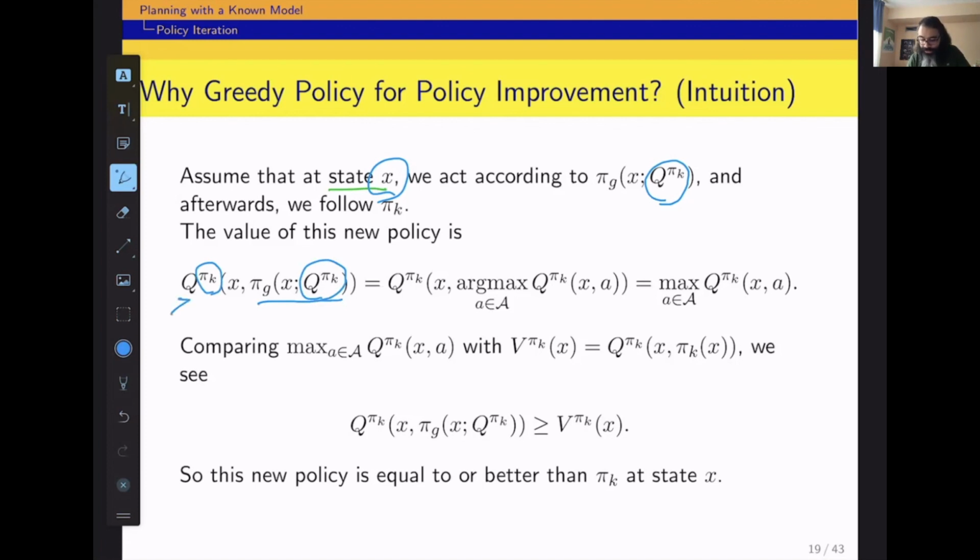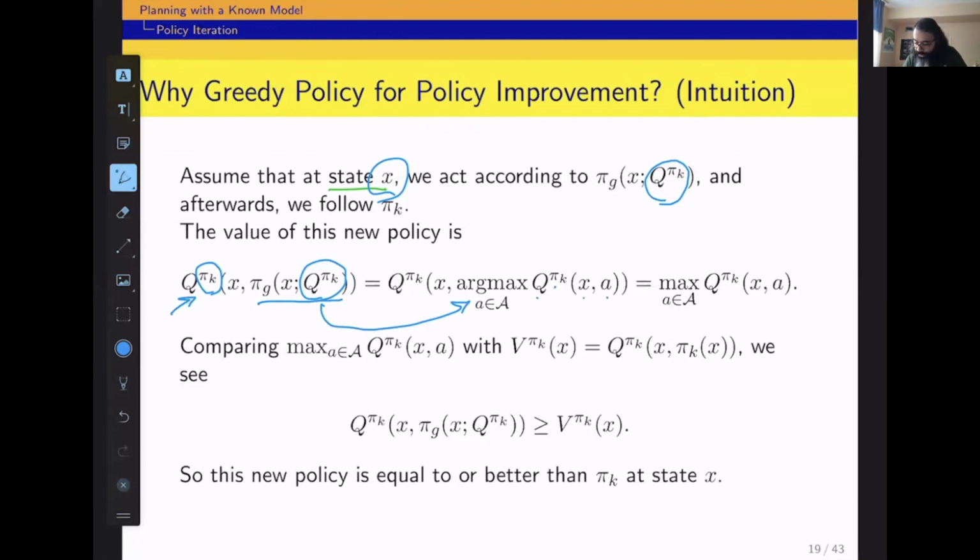That would be the action value function that I've written here. So what was the greedy policy? The greedy policy computes the argmax of its argument. So this is equal to q of pi k at state x, where the choice of action is the argmax of q pi k at x and a.